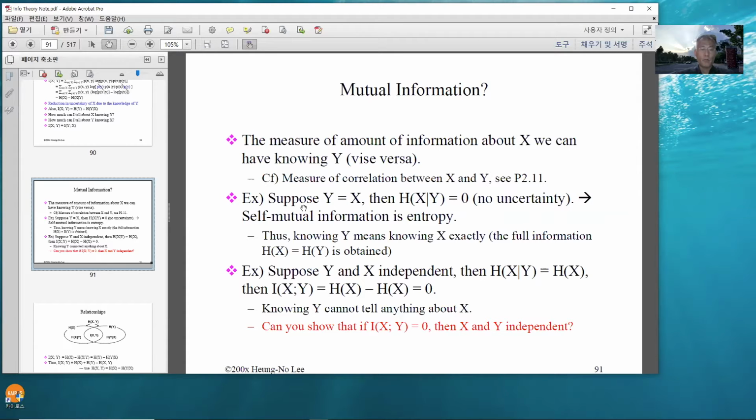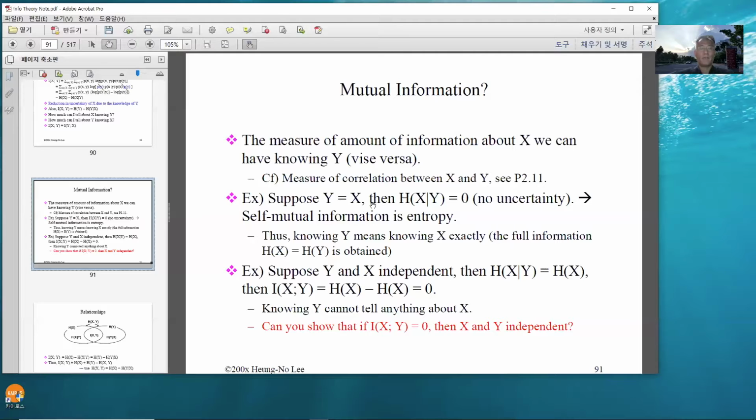Now let's take a look at this information. If Y is equal to X, then you can perfectly tell about Y knowing X, or by knowing Y, you can perfectly tell about X. Let's see this is satisfied.